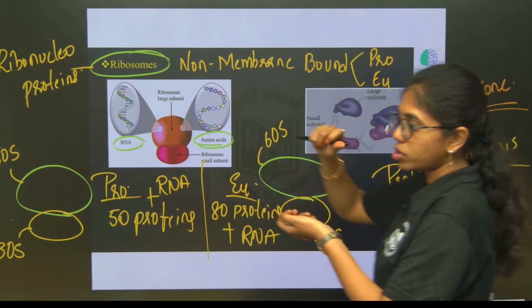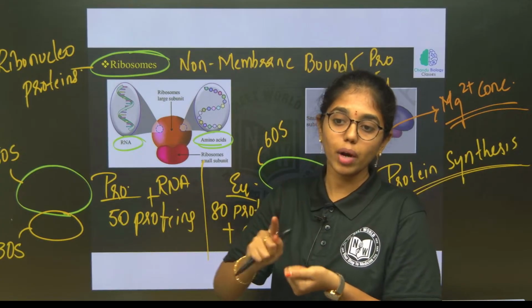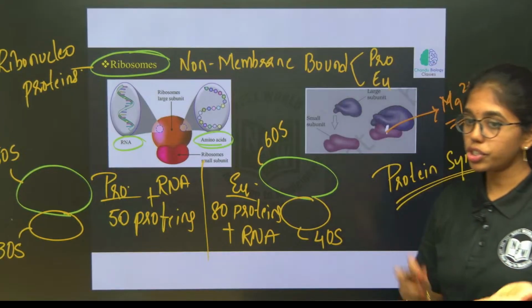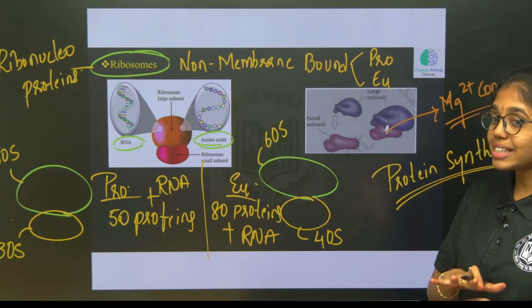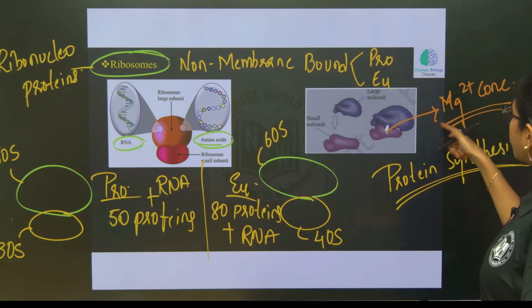The association of larger subunit over smaller subunit depends on what? Magnesium ion concentration. The more the magnesium ion concentration, the more the association. The less the magnesium ion concentration, the less the association. So, this is mediated by magnesium ion concentration.